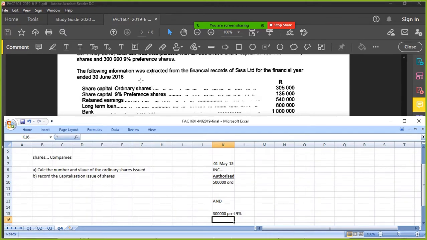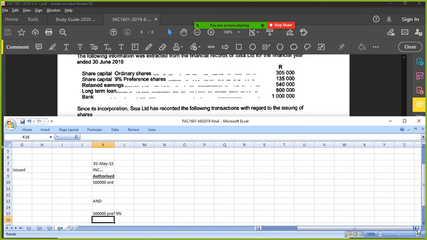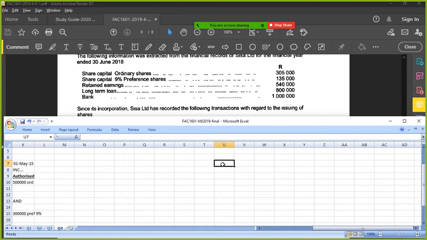Then they tell you the following information was extracted from financial records. Ordinary shares, amount $305,000.